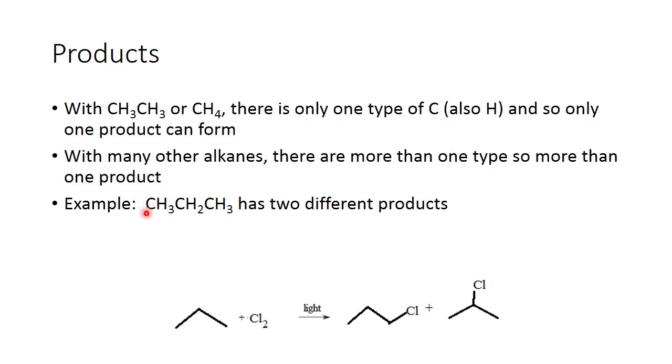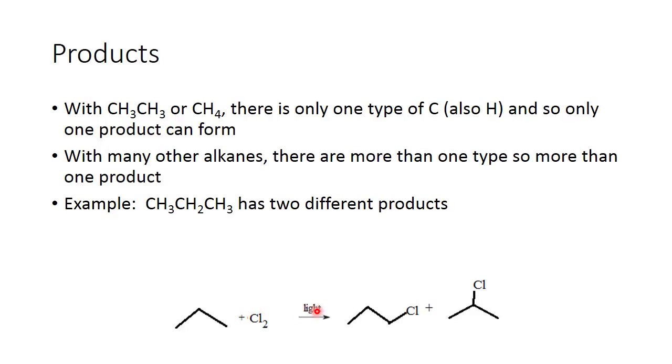Here's an example. Propane has two different carbons. There's a primary carbon and a secondary carbon. Notice there are two different hydrogens also: primary hydrogens, secondary hydrogens. As a result, we get two different products. If I look at this, you can see right here I have that same molecule written, propane and chlorine.